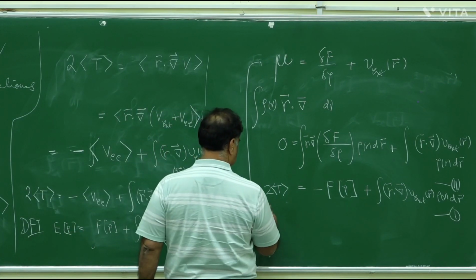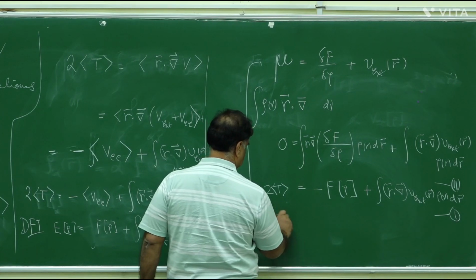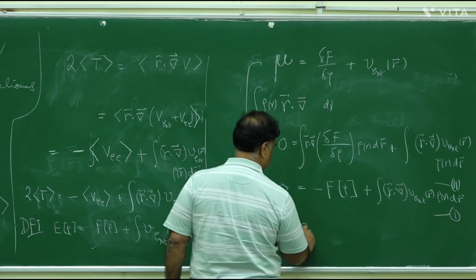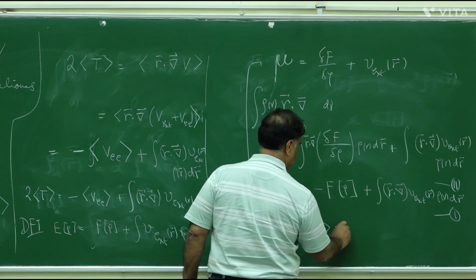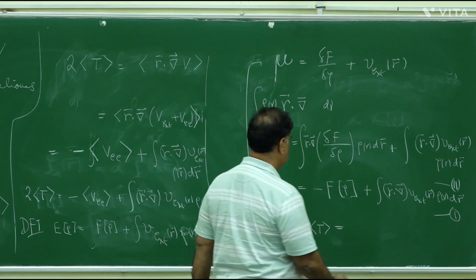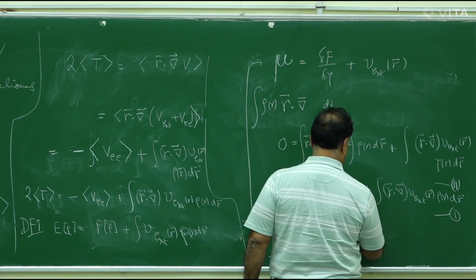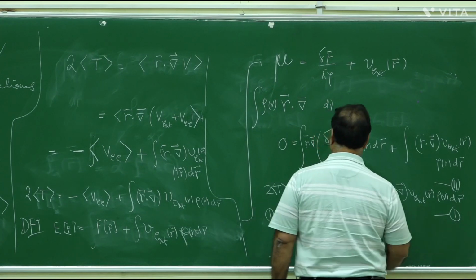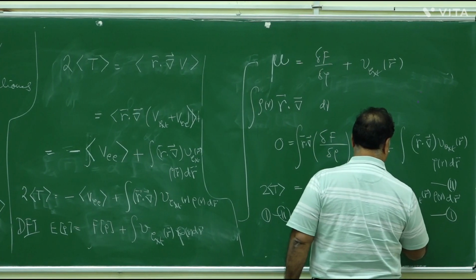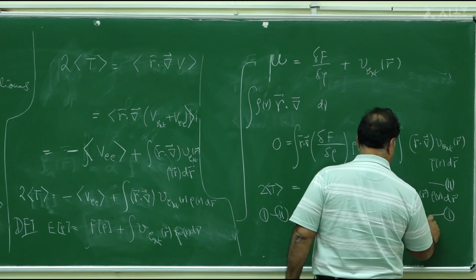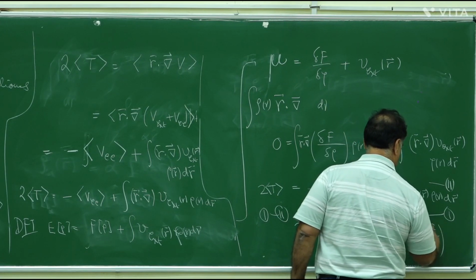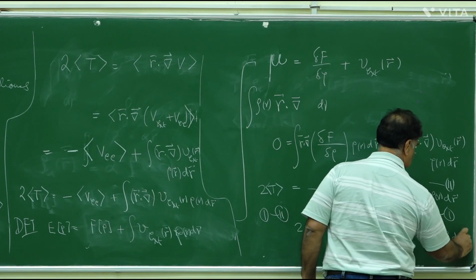Subtract 1 from 2 or 2 from 1. You get 2T is equal to minus V_ee minus integration R dot del F del rho dr.